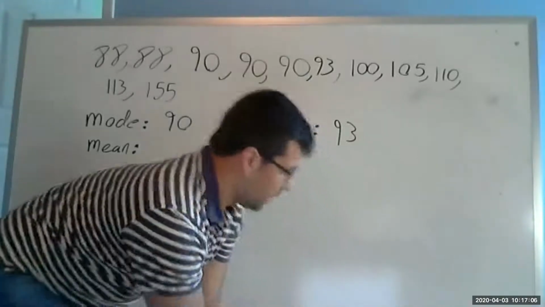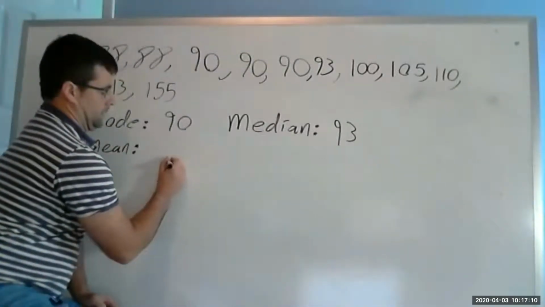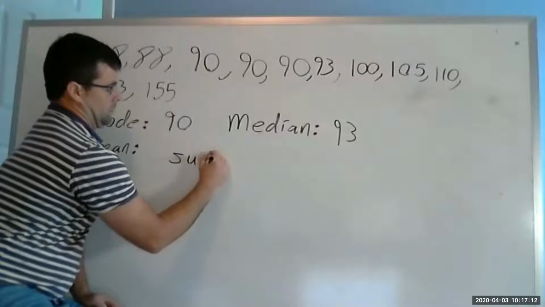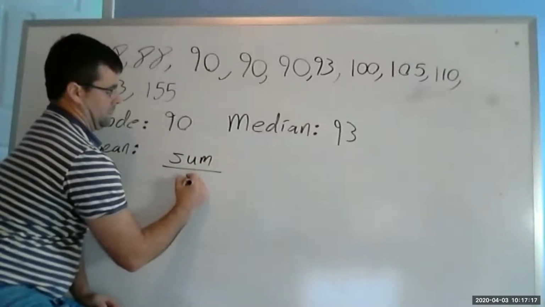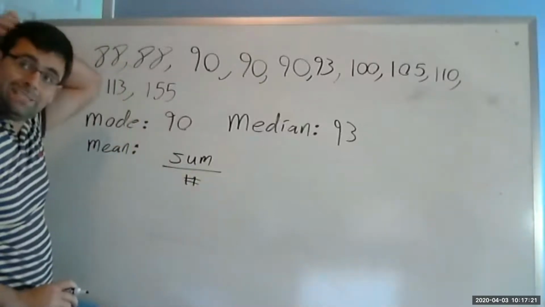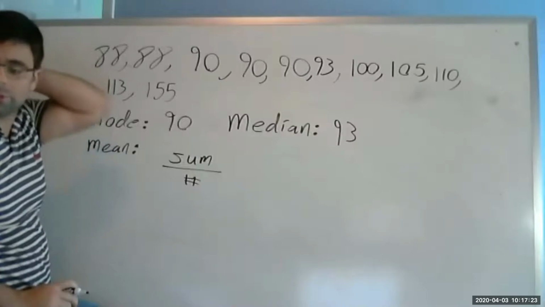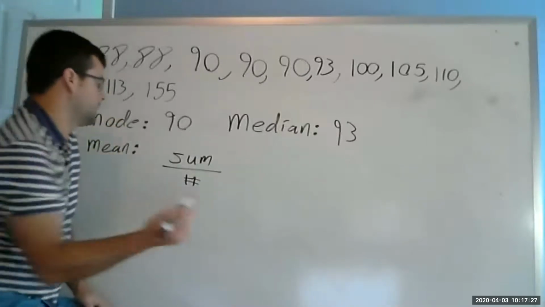The way you find the mean is you sum all of the numbers, and then you divide by the number of numbers.